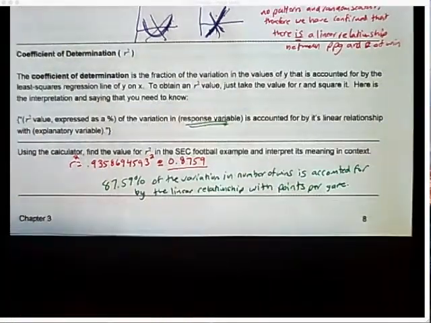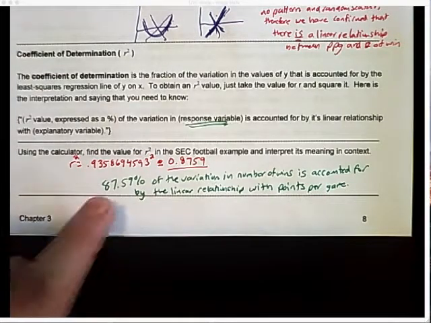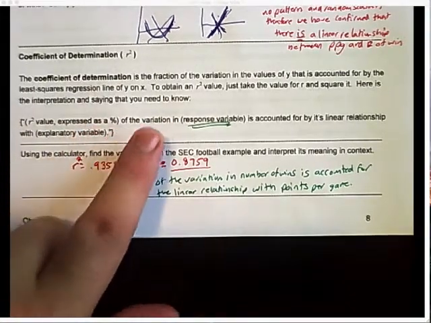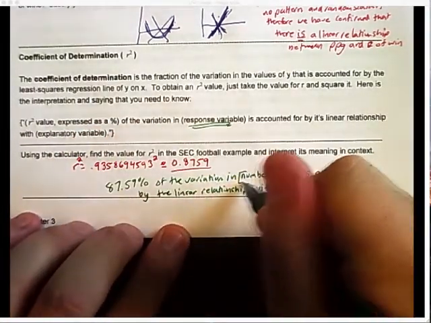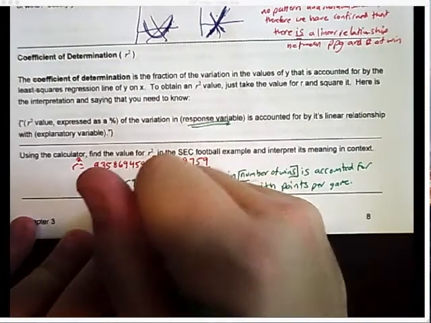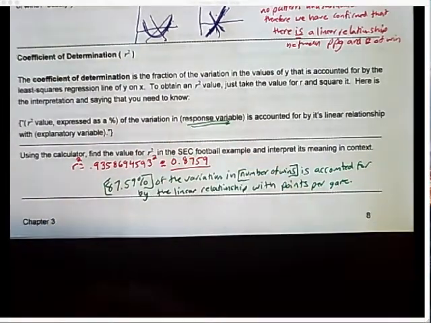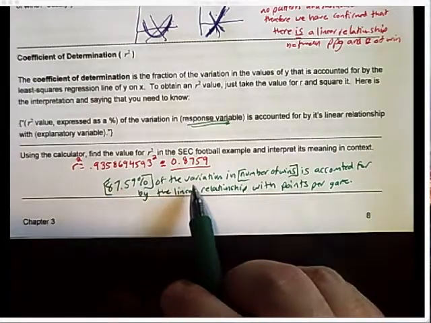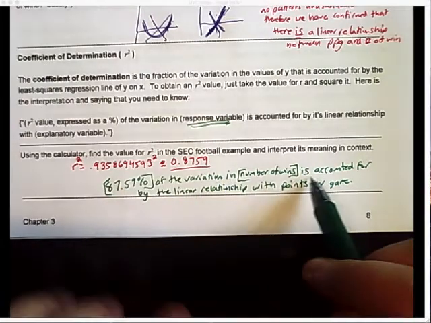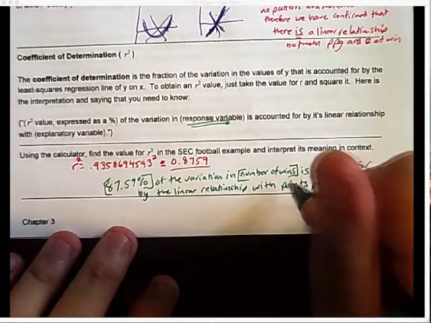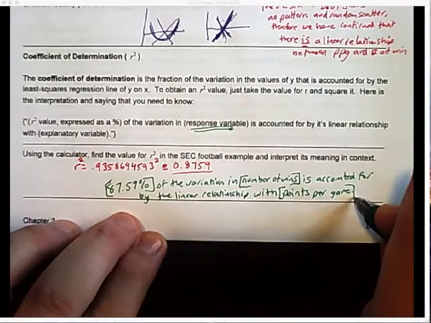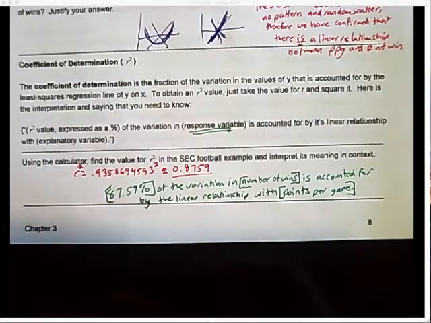So that's the saying that we try to remember. The r squared value expressed as a percent of the variation in, so basically, here are the things that you're plugging in. It's like a formula for you to remember. 87.59% of the variation in the number of wins is accounted for by the linear relationship with the x variable, or the explanatory variable.